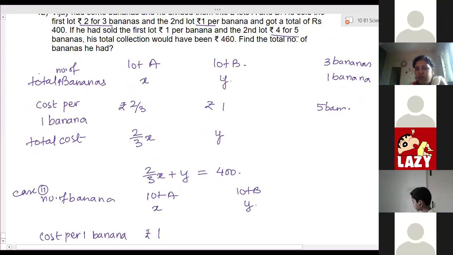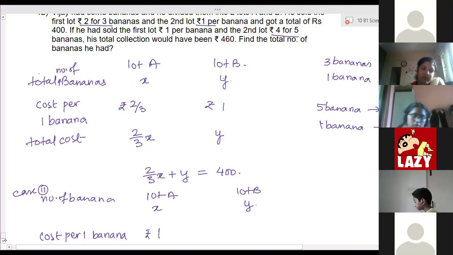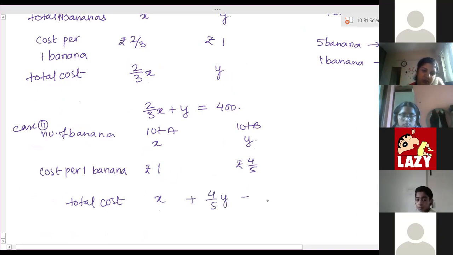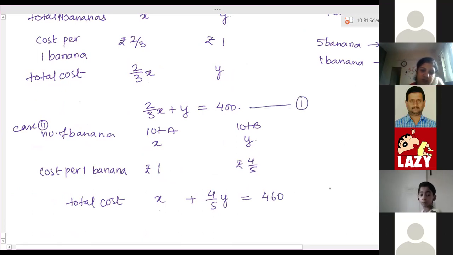So 5 bananas cost ₹4, so 1 banana cost 4 by 5. Total cost: first one is X into 1 is X, plus 4 by 5 into Y, and total amount is 460. This is equation 1, this is equation 2.